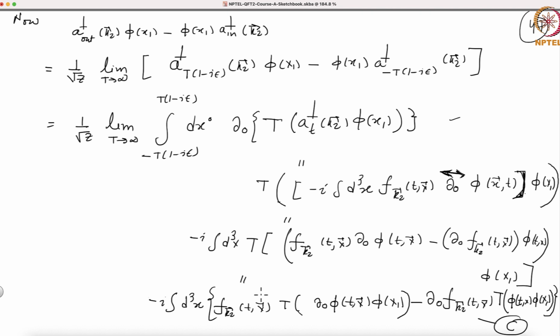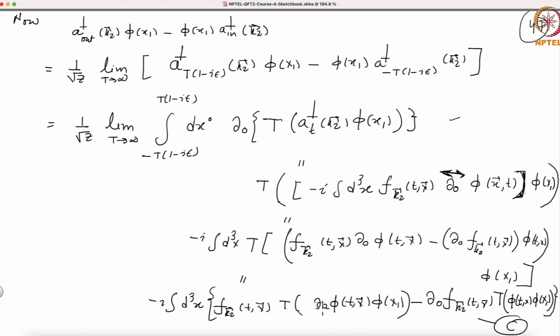Now you see here, in this second term, these are just functions and derivatives, but the operator content is in here: the time ordered product of phi of t x and phi of x1. Here also we have almost the same thing, time ordered product of del naught of phi t x, phi of x1.